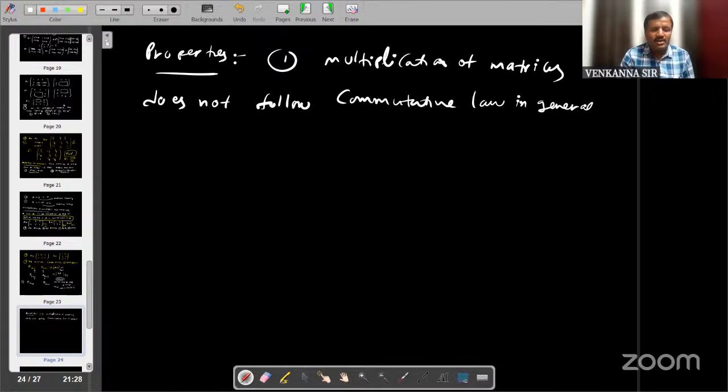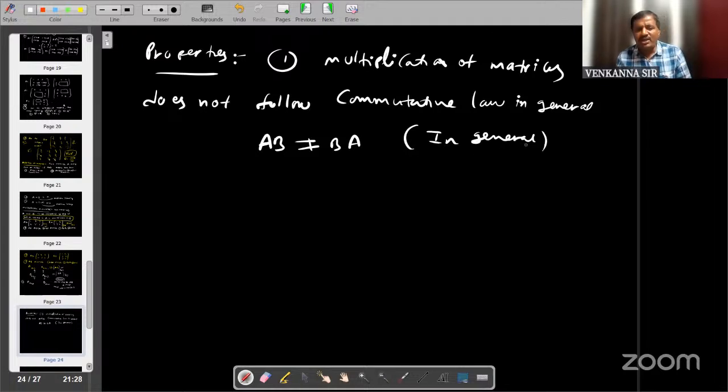That means AB is not equal to BA in general. That is the phrase we use here: in general. There are some cases where AB equals BA also. That's why we use the words in general.